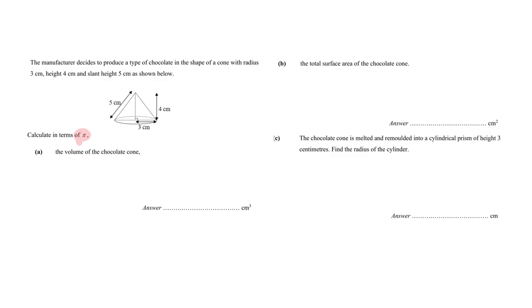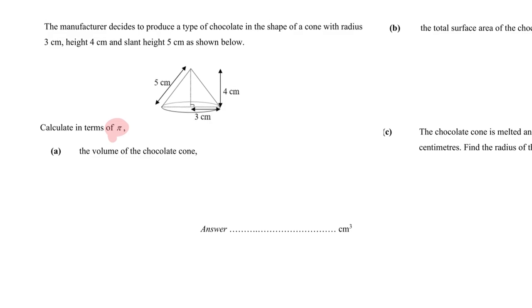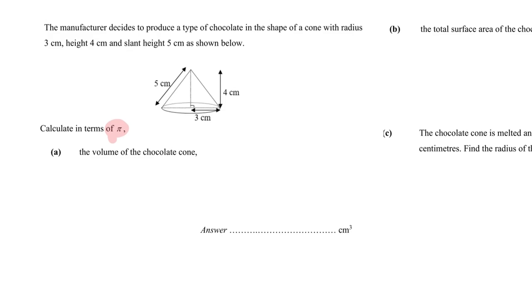Volume. Let's look at the volume. Volume of a cone is 1/3 times the base area. In this case, it is a circle, so a circle will be pi r square. And the height of this particular cone is 4.